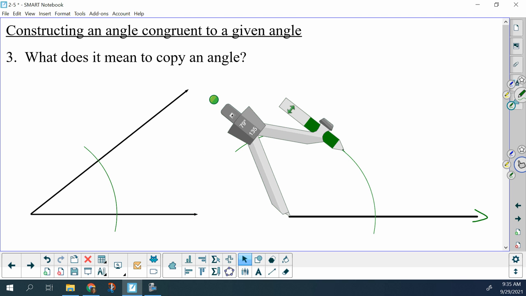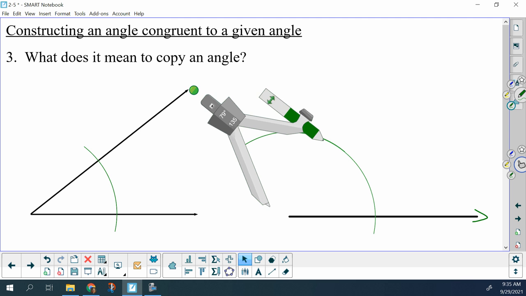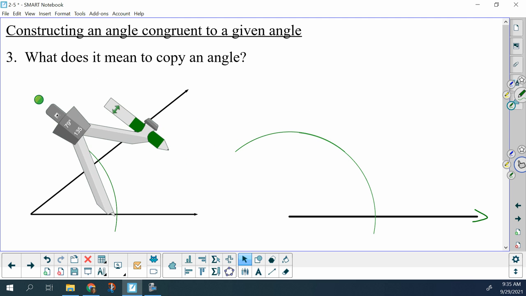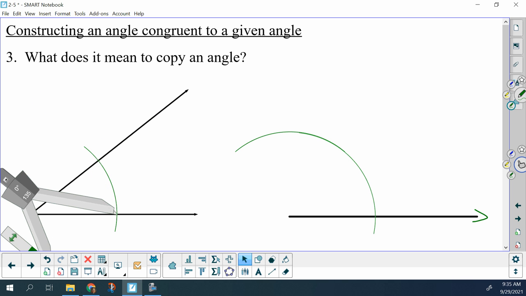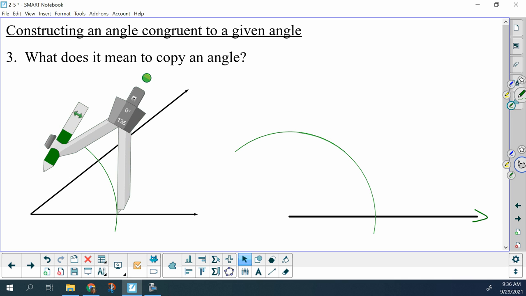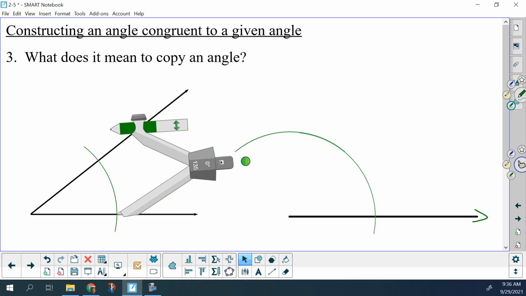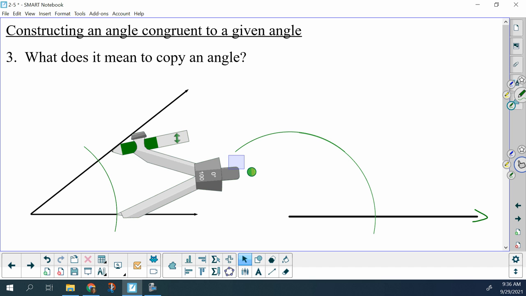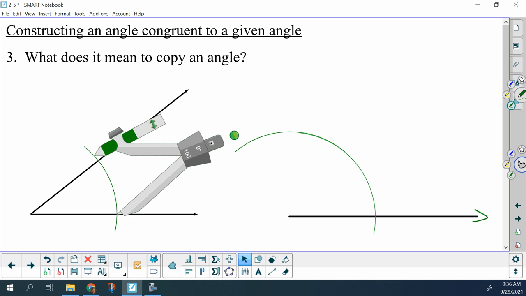All right, now I've got to figure out how wide that is. So I'm going to take the pointy part and I'm going to stab one intersection. And I'm going to measure with my compass how wide I go to the other side.